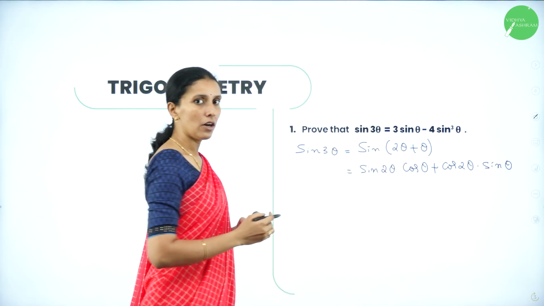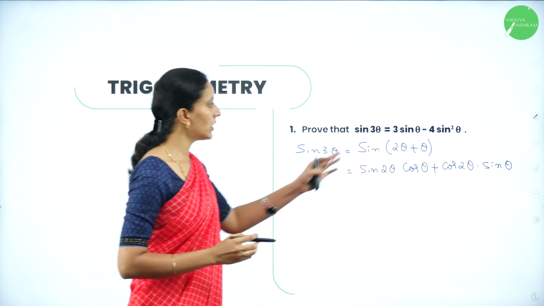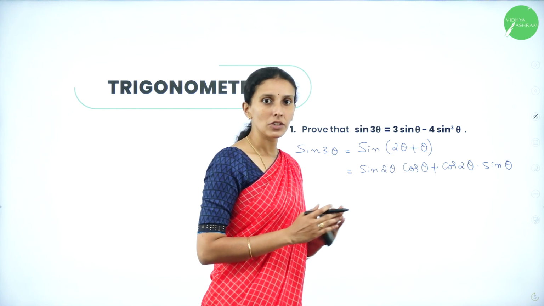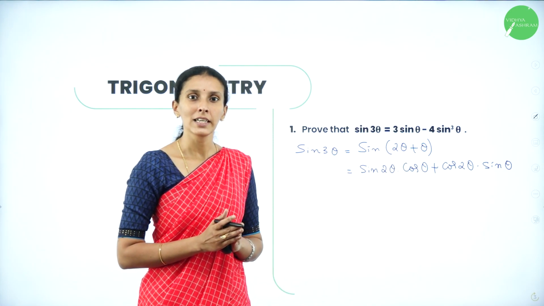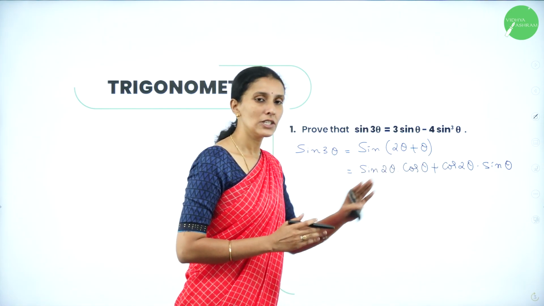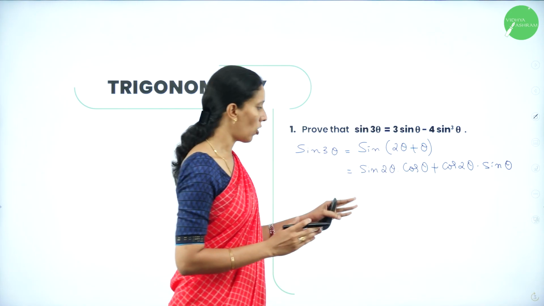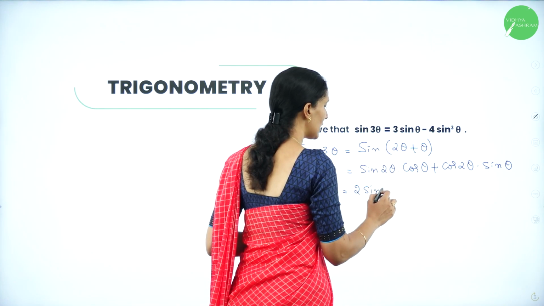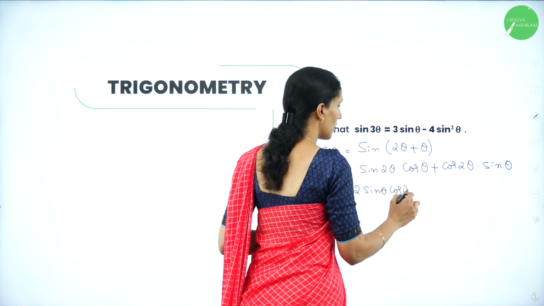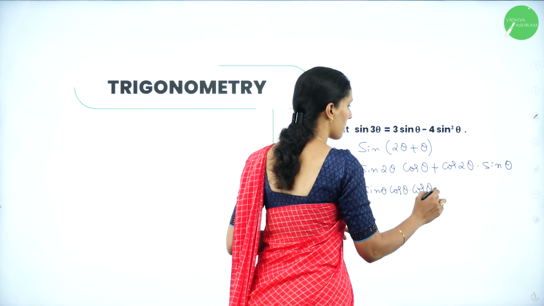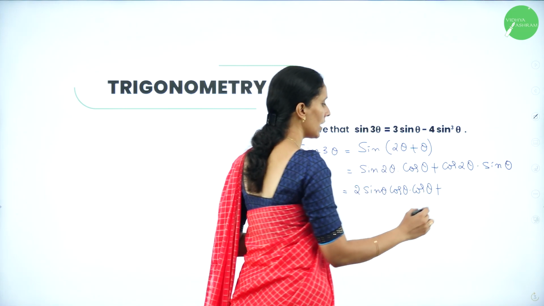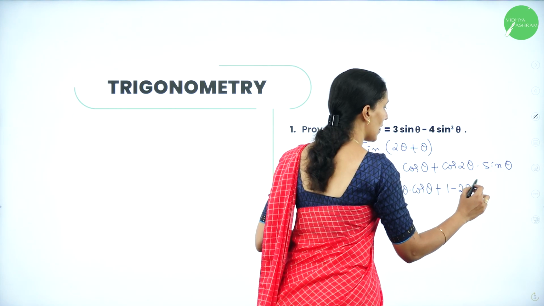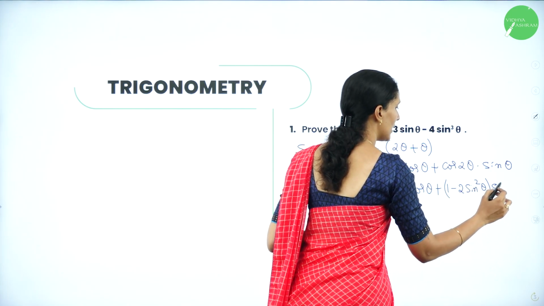Now you can observe your right hand side part, all the terms are in sine only. So here, wherever you get cos, replace it with sine. Expand sine 2 theta and cos 2 theta also. We know that sine 2 theta is 2 sine theta cos theta into cos theta plus cos 2 theta is 1 minus 2 sine square theta into sine theta.